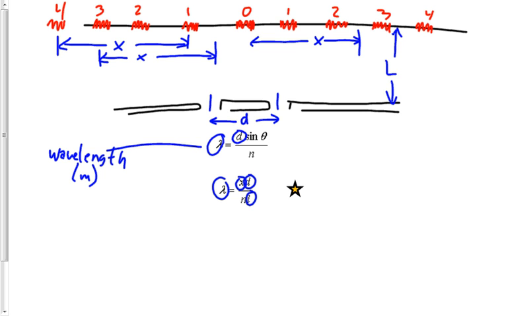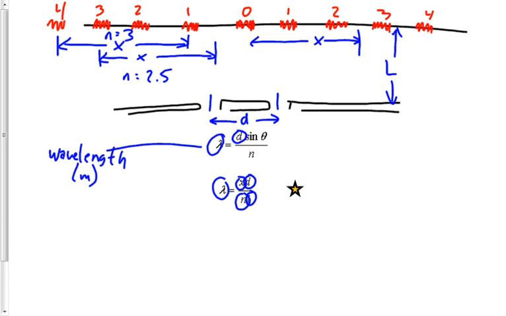So how does that work? Well, the key is we can use whatever X we want as long as N is consistent with it. N is the difference between the maxima or minimum numbers. So for this one, we would say that N is equal to 3, because 4 minus 1 is equal to 3. For this one, N is equal to 2.5, because 3 minus 0.5 is 2.5.